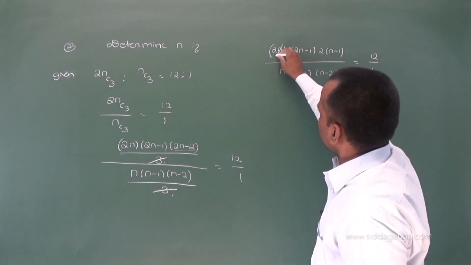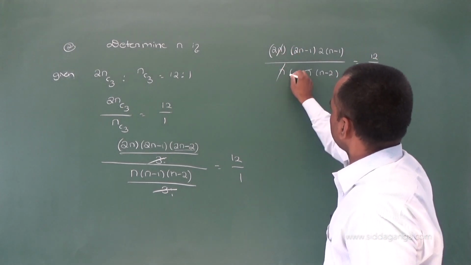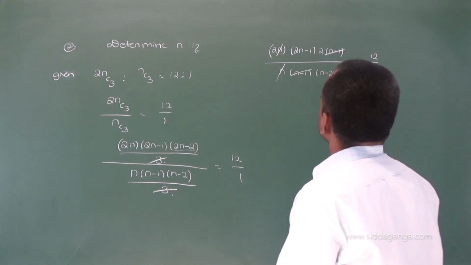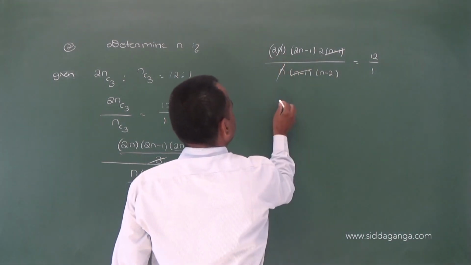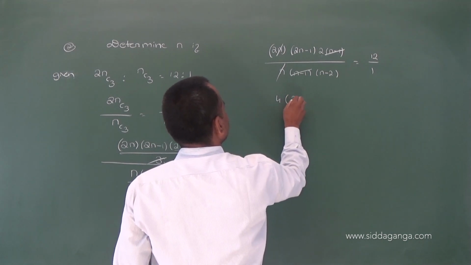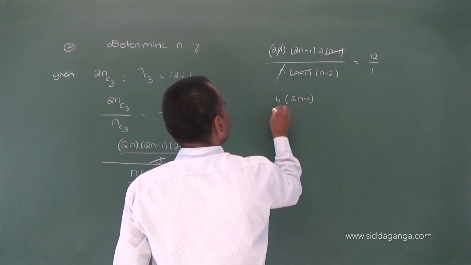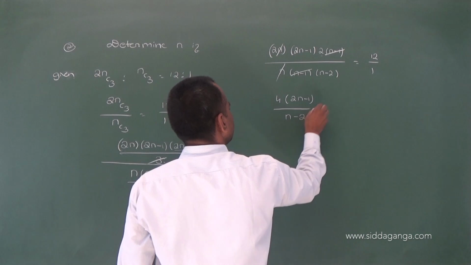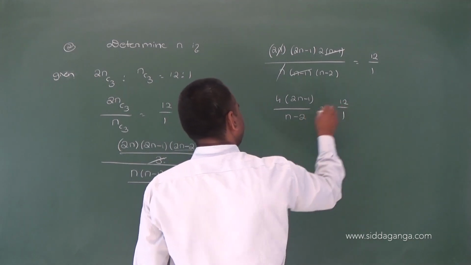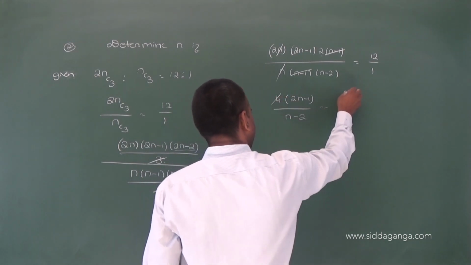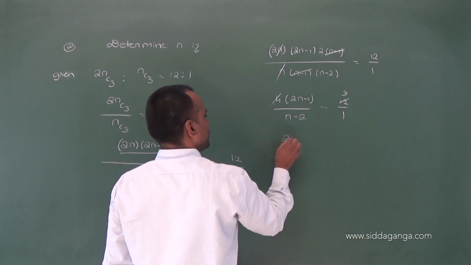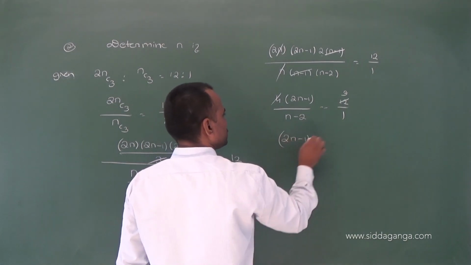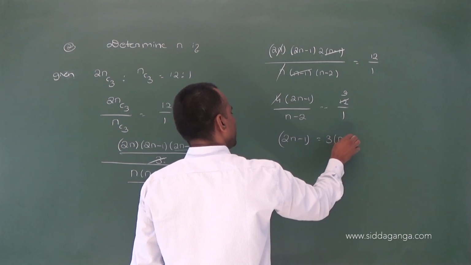So N gets cancelled, N minus 1 gets cancelled. 2 twos are 4. 4 into 2N minus 1 divided by N minus 2 is equal to 12. 4 ones are 4, 4 threes are 12. Cross multiplied, 2N minus 1 is equal to 3 into N minus 2.